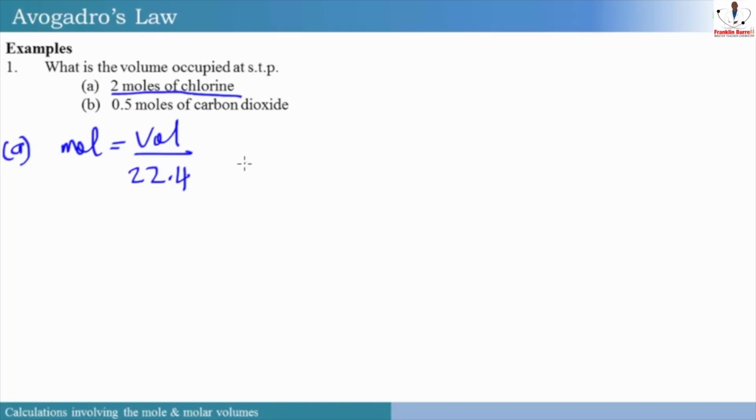So we know that. So we need to calculate the volume, so we must rearrange this equation. So volume is equal to moles times 22.4, and this is in dm cube per mole.